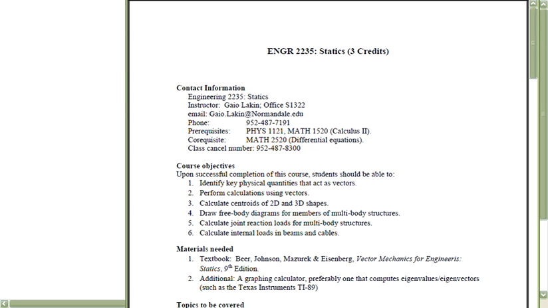It's sort of interesting to know that there's nothing fundamentally different about calculating an internal load versus a reaction force or a reaction load.